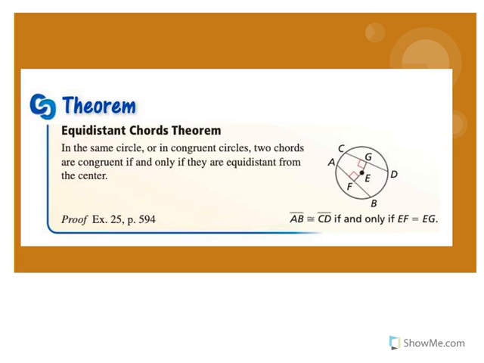Okay, so pause, write this down. I'm going to say all of that again. So this chord and this chord will be equal if they are the same distance from the center. Okay?